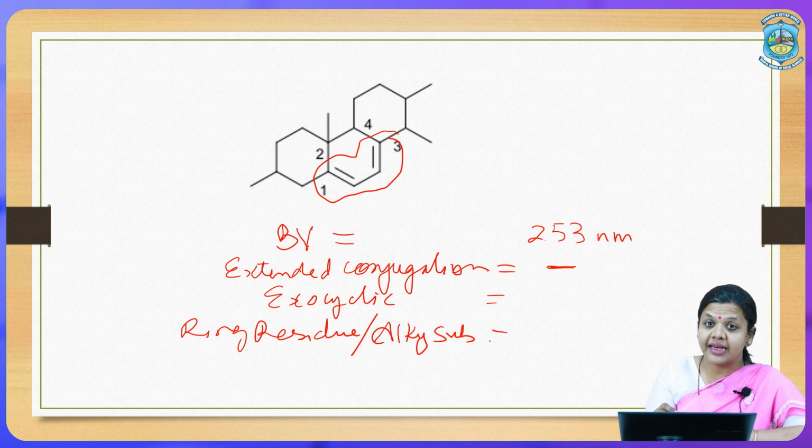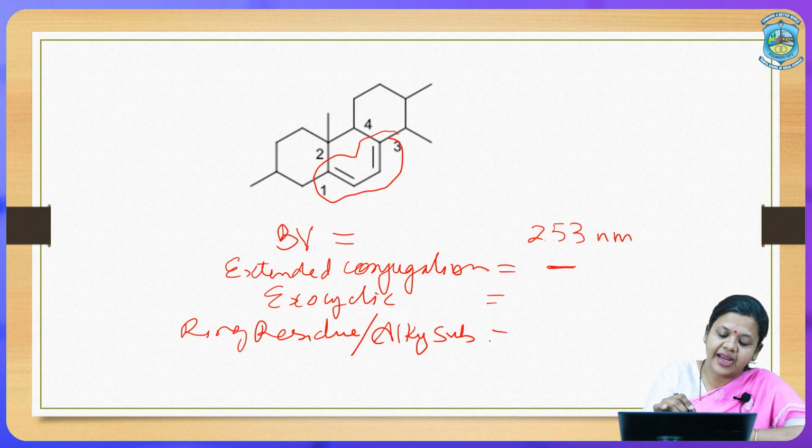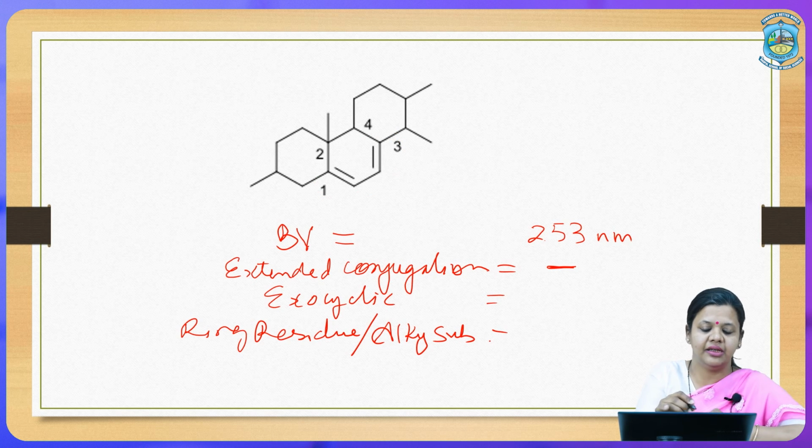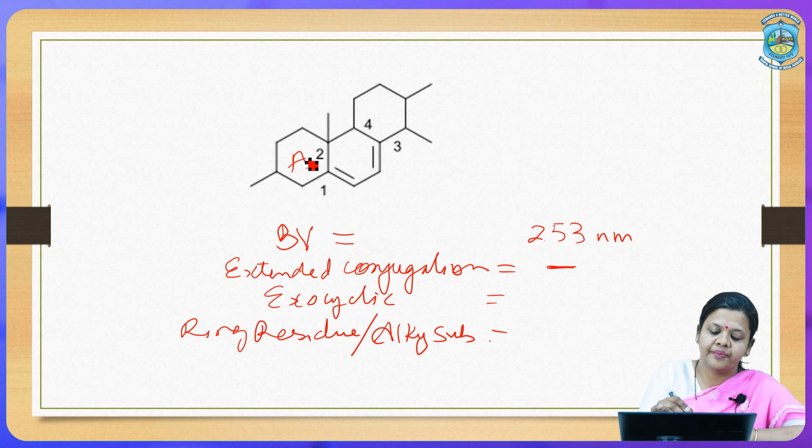Exocyclic bond, is there any exocyclic bond? Let me write. First we should always mark the rings A, B, C, since there are 3 rings over here. So, is there any exocyclic for ring A?